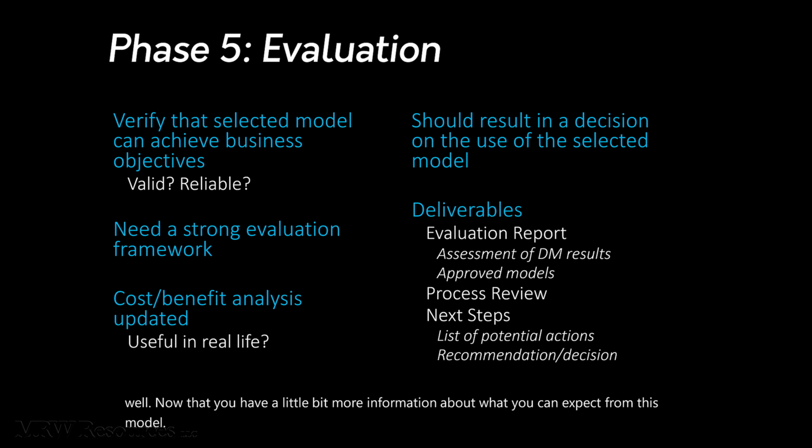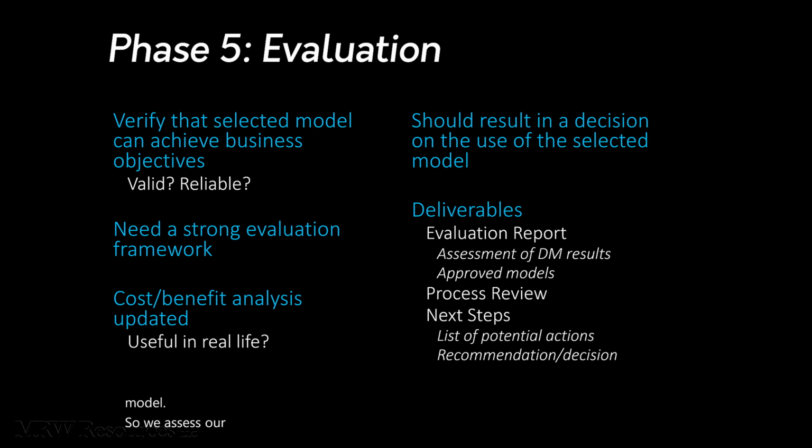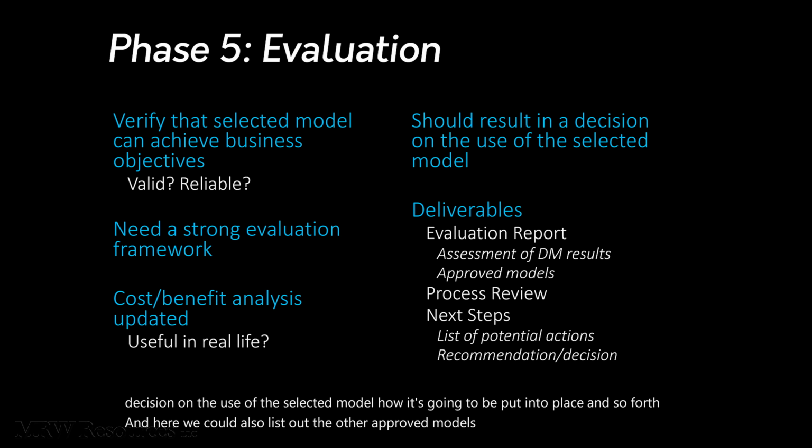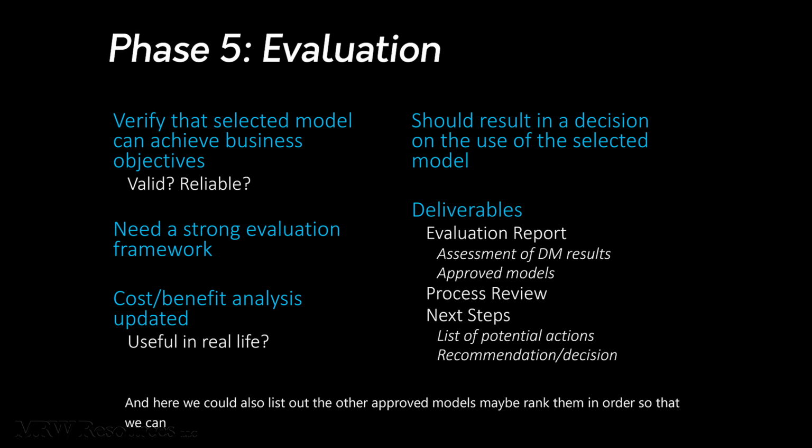So we assess our results. In the deliverables, we're going to hopefully end up with a decision on the use of the selected model, how it's going to be put into place, and so forth. And here we can also list out the other approved models, maybe rank them in order so that we can make a final determination.